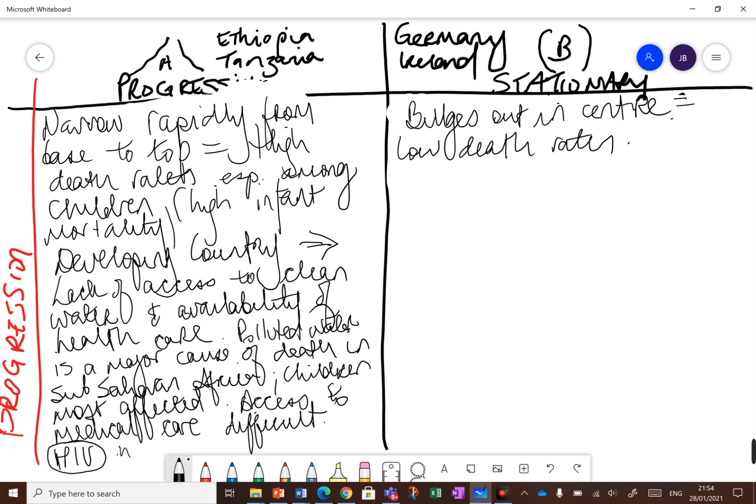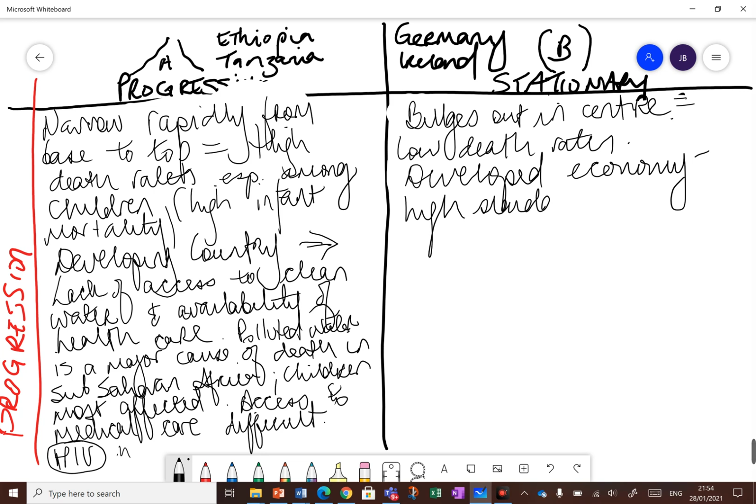Right. However, in Germany, the opposite is true. So high standard developed country, economy, high standards of living. What else do we want to say there?